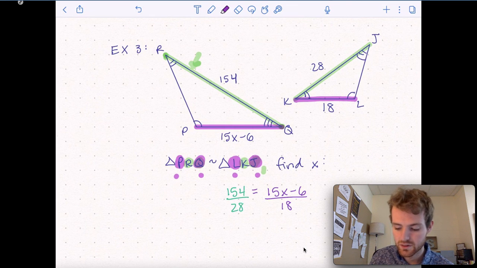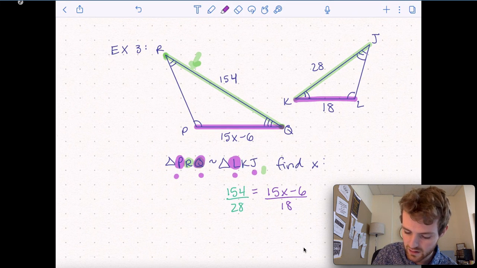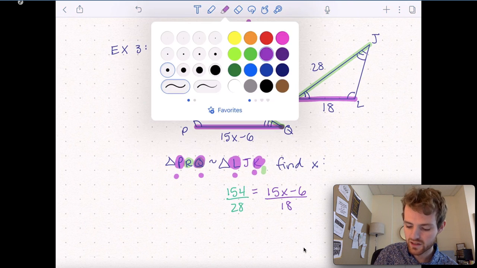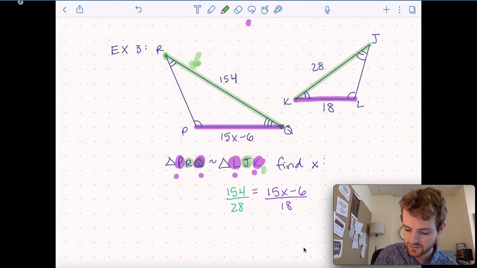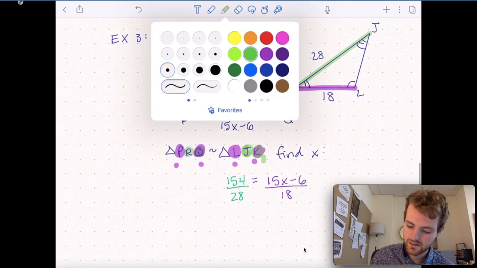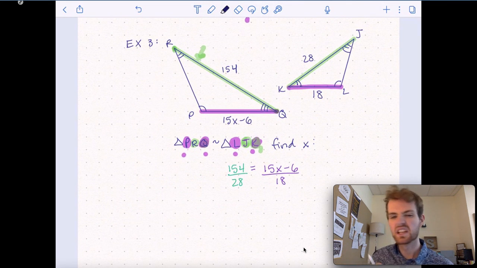So instead of writing this as LJ, I should have written it as JK. That way, the purples pair together and the greens pair together. Once we set up those proportions, let's just get through this example.